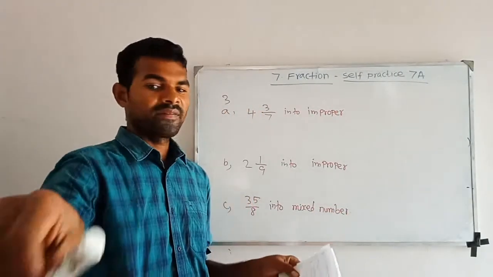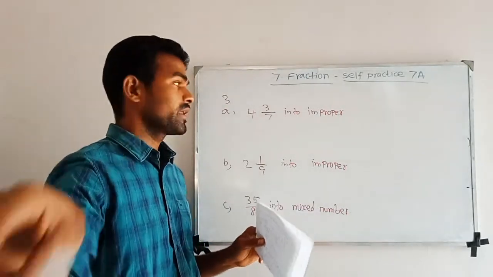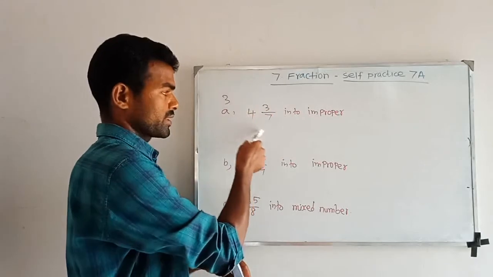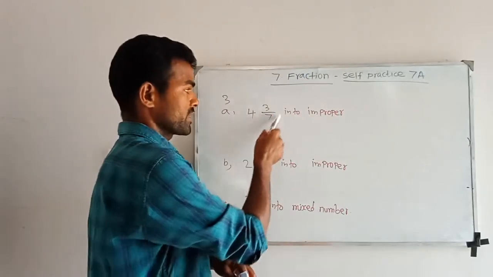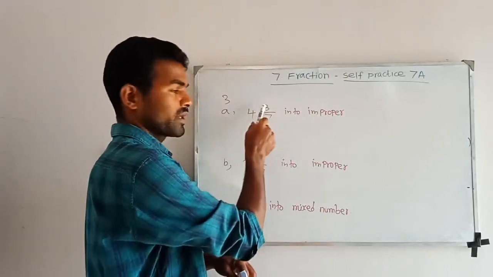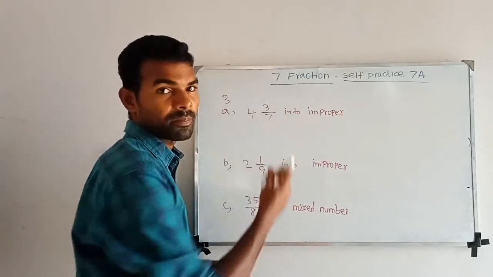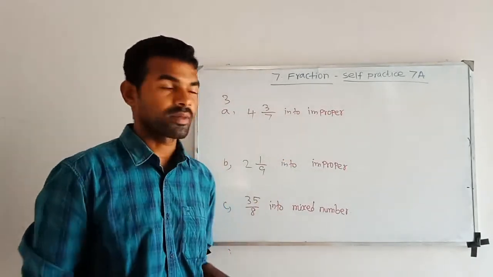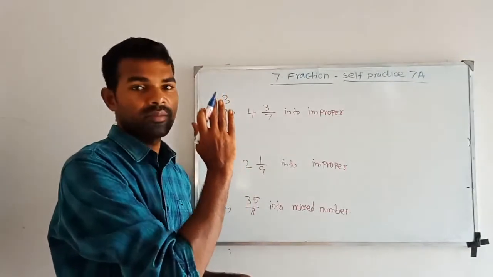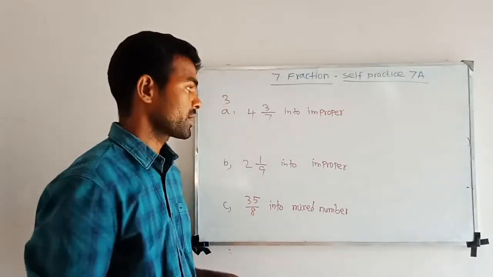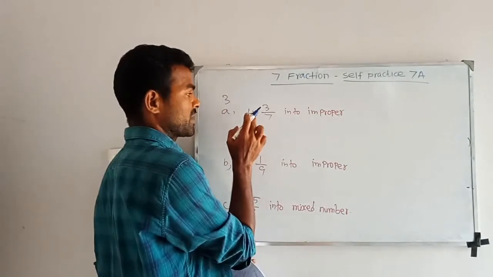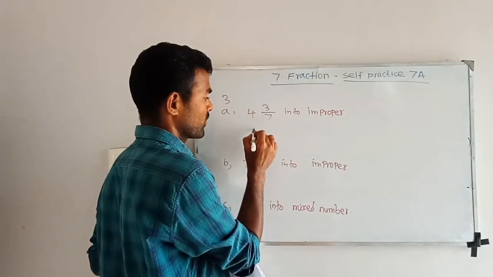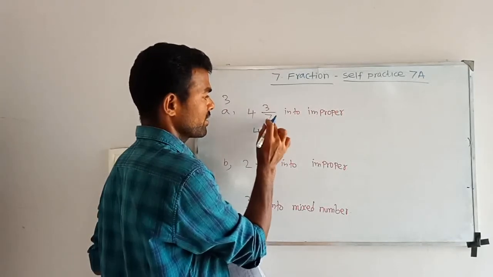See, in the first question they have given the mixed number and told you to convert into improper. We have studied the concept of how to change a mixed number into improper. Multiply 4 and the denominator 7.